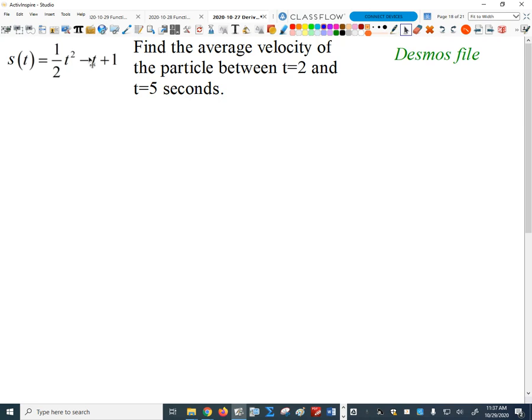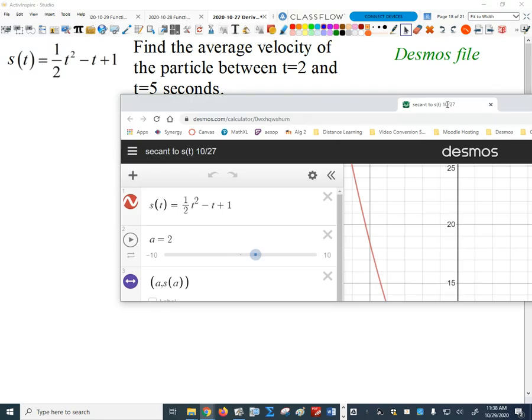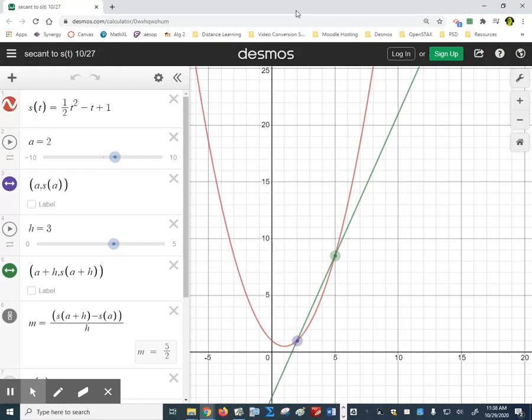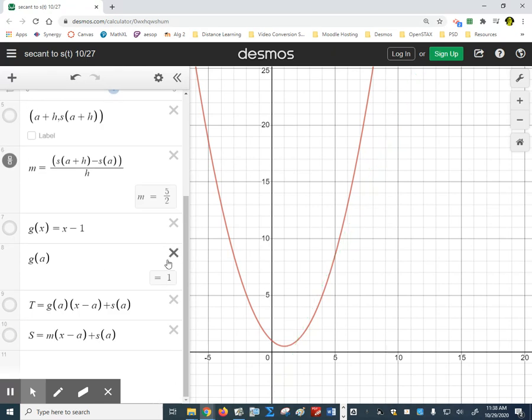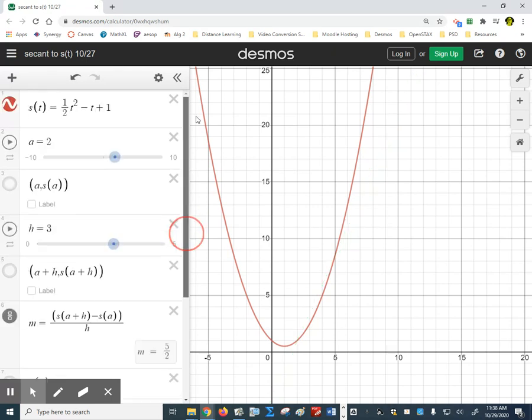Okay. So this is my position function now. This is how far it's moved in a line as a function of time. Right, so there's my position function. S is on the vertical axis and T is on the horizontal axis, right?